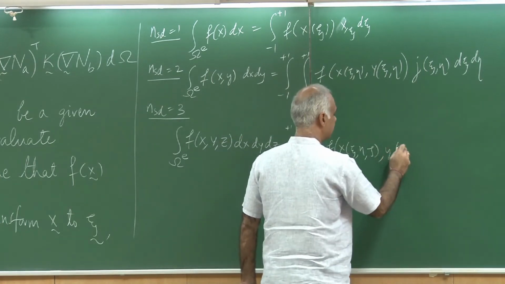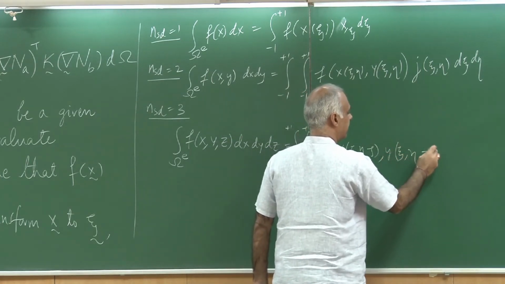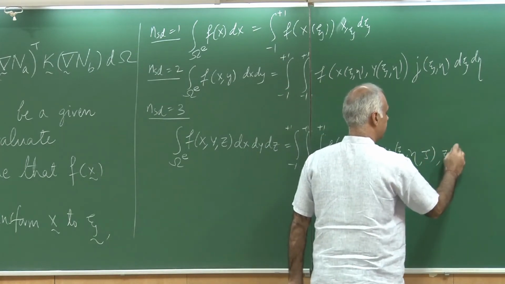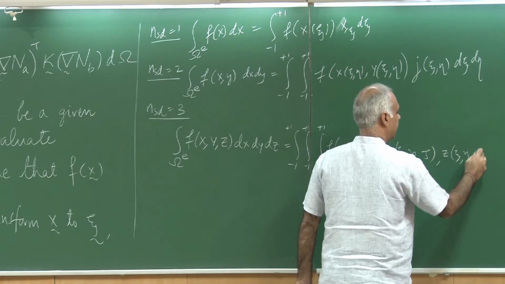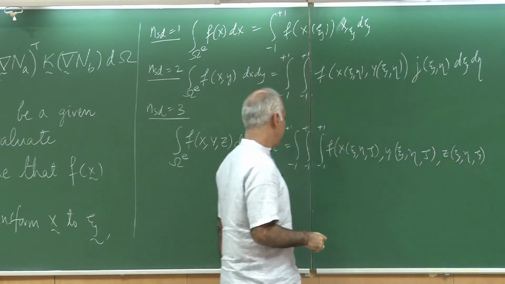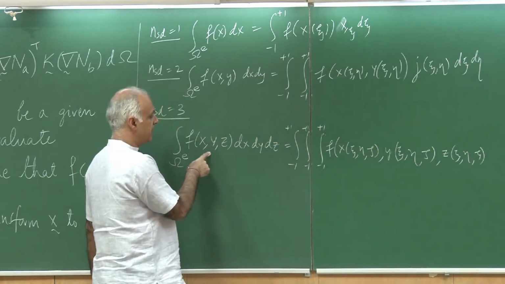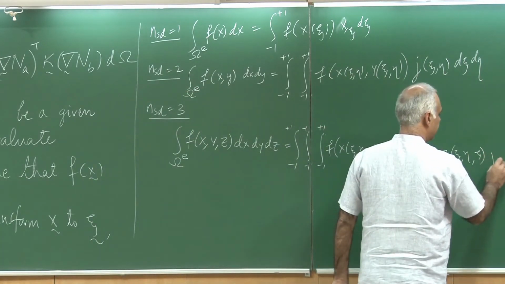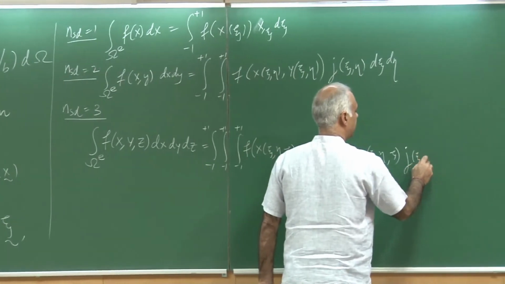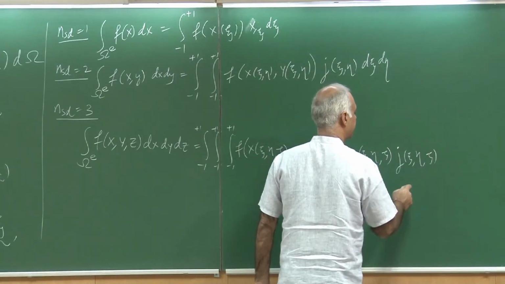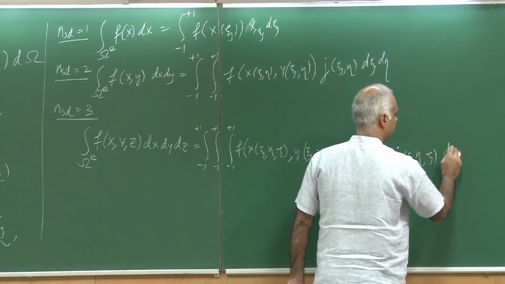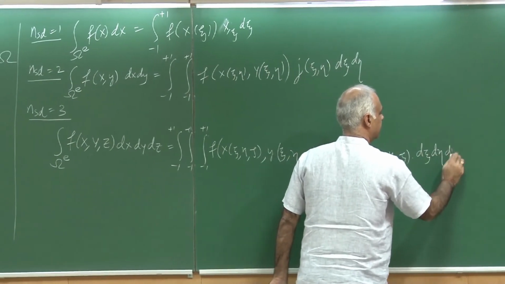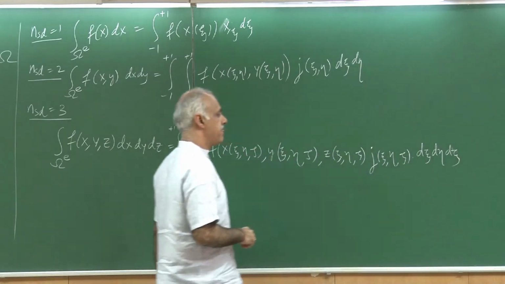Similarly, y is a function of xi, eta, zeta, and z also is a function of xi, eta, zeta. So, that takes care of my function, and as far as dx, dy, dz are concerned, now I am going to write this as the Jacobian, which is a function of xi, eta, zeta, and the integral is d xi, d eta, d zeta. Okay.